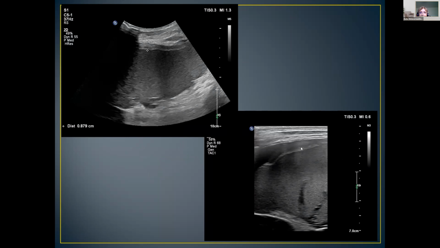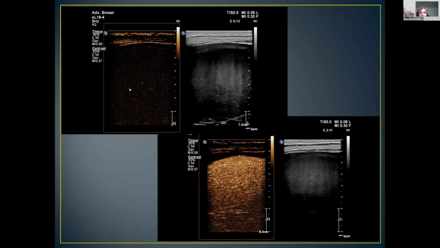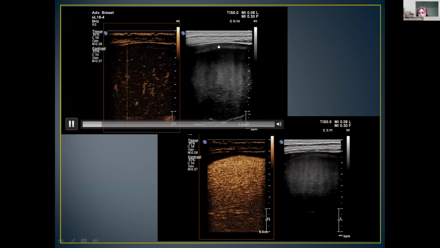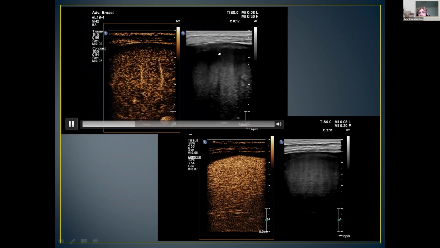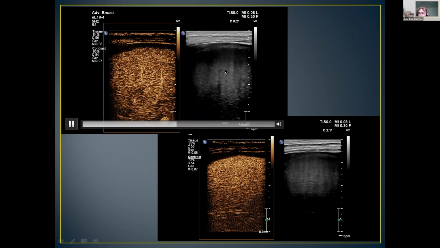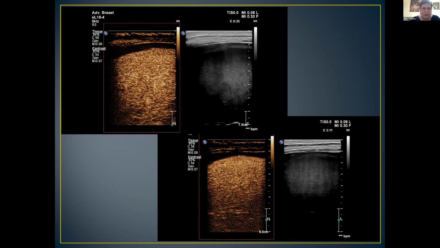And we can see very nice on CEUS the movement of the spleen in correlation with the abdominal wall. And it's the best method to tell you that there's no active bleeding.